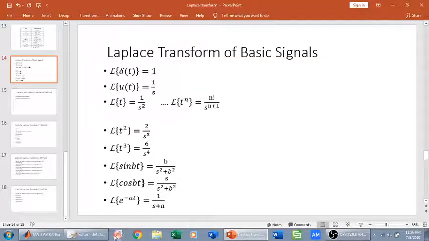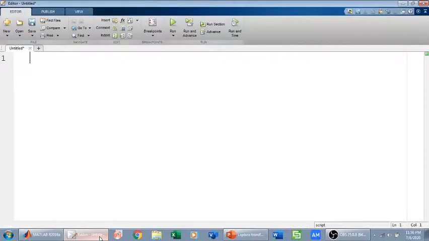So we will go to the MATLAB and we will perform this. So first of all, I need to clear all the variables. I need to clear the command window. Then I will define a bunch of symbolic variables. For example, I will define impulse, unit step, ramp, etc. So I will give those variables some names.